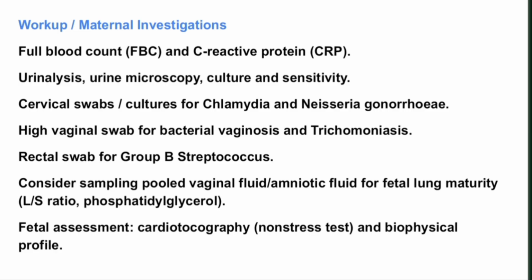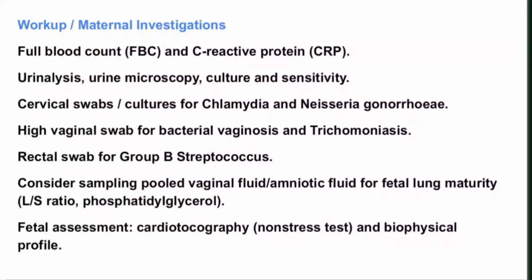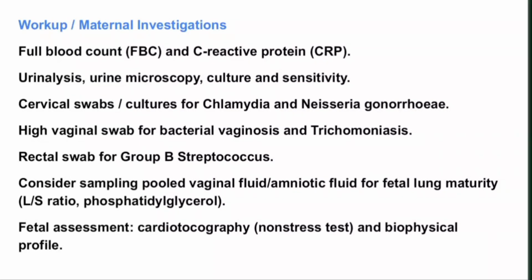We can also consider getting a sample from the pooled vaginal fluid to check for fetal lung maturity. We're going to do a phosphatidylglycerol test and also a lecithin sphingomyelin ratio.